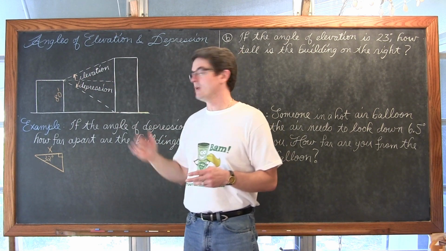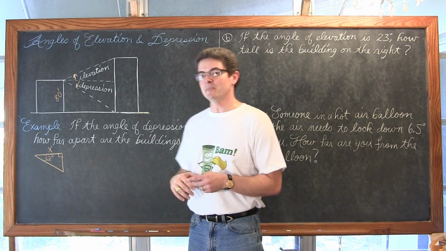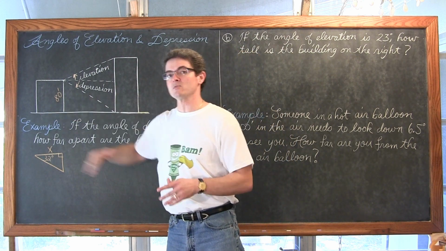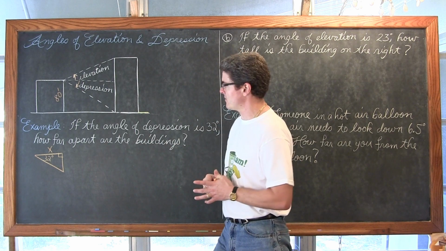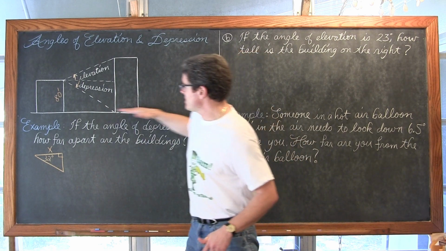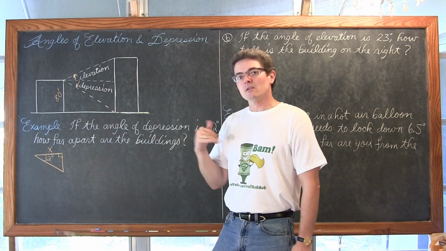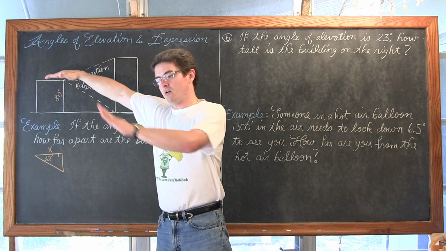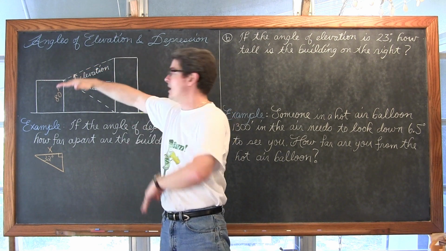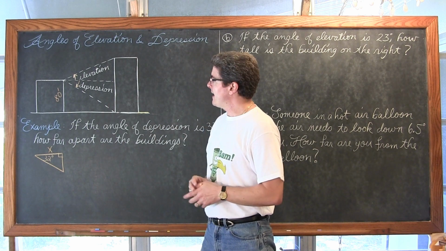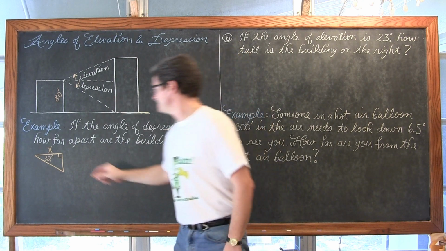That's what I'm talking about as far as purposes of this example. The bases of our 2 buildings are on level ground as well. They're the same height. It gets more complicated if they're not. You might have to do law of sines or law of cosines for those kinds of problems. So these 2 bases of these buildings are level across from each other. Angle of depression looking down or angle of elevation looking up is always off of horizontal. And that means that this side over here is 80.